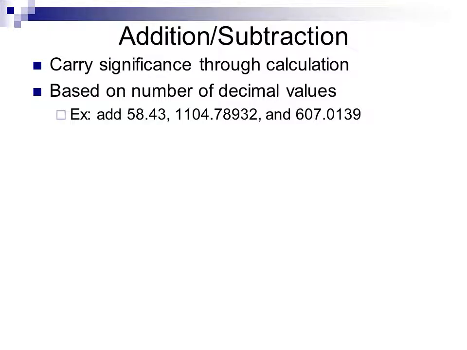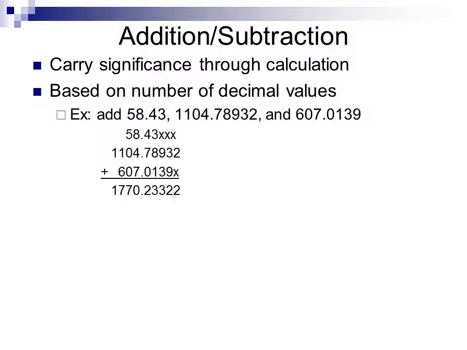So for example, if we want to add the numbers 58.43, 1104.78932, and 607.0139, we would add up our numbers and arrive at an answer of 1770.23322. Notice that in this example, I have labeled x's in two of the numbers.